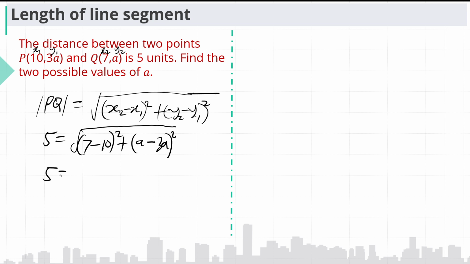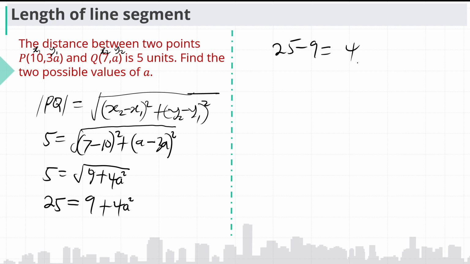So we get 5 equals square root of, now 7 minus 10 gives you minus 3 squared is 9, A minus 3 is A minus 3, squared gives you (A minus 3) squared. Now take the square of both sides. When you take the square of both sides, you are going to get 25 equals 9 plus the squared term.